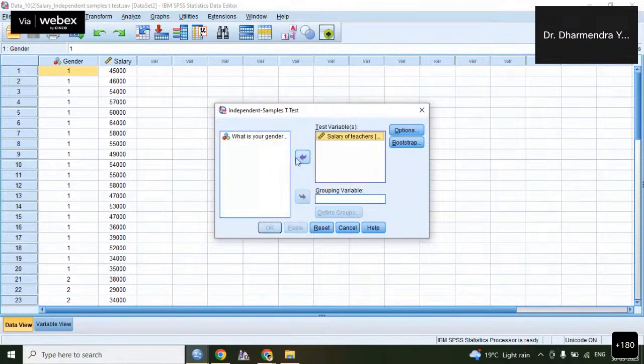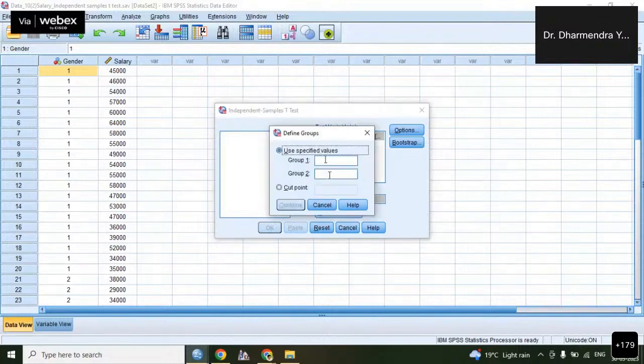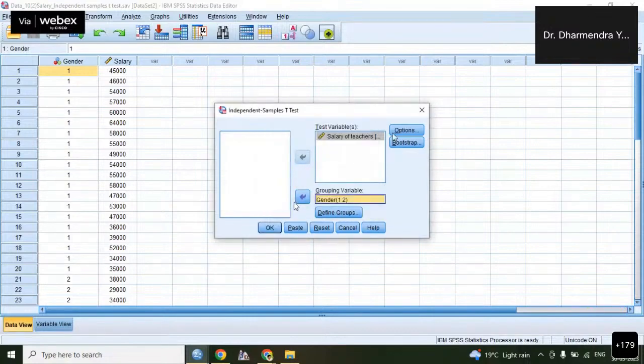And what is the grouping variable? Group means which type of group? Male and female, right? So define groups. Group 1 is 1 and second group is 2. Then click on OK.